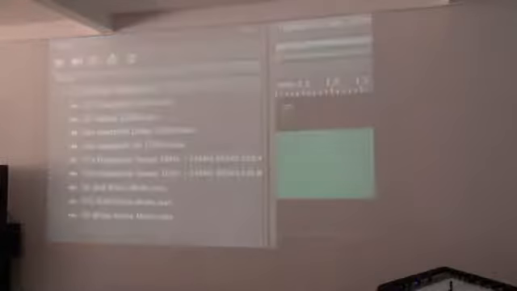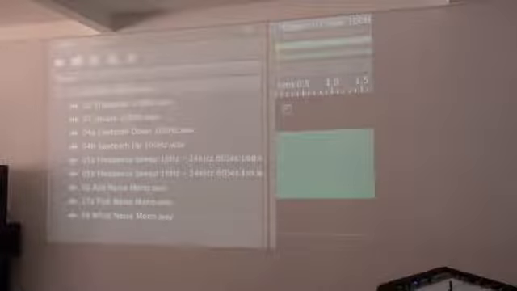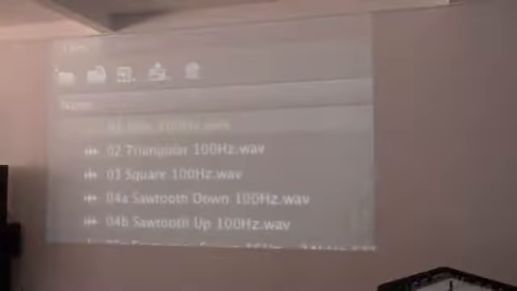In this experiment, we will play sine waves, triangular waves, square waves, sawtooth waves. And all of these will be 100 Hz.